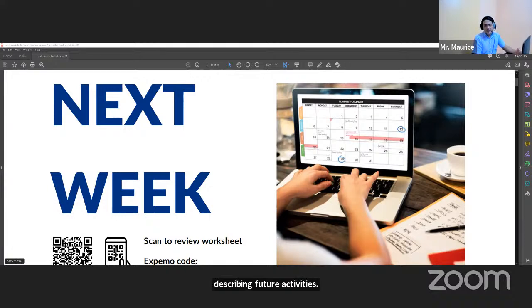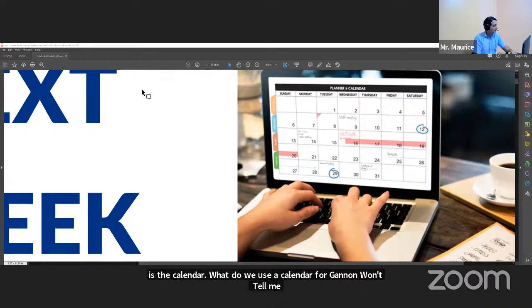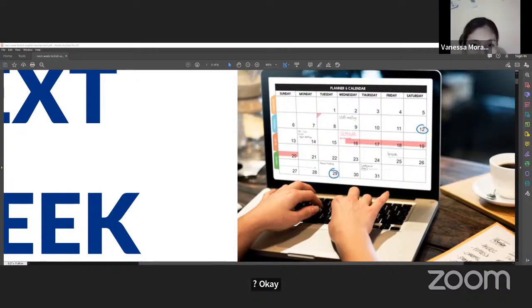As you can see in this picture, this is a calendar. What do we use a calendar for? Can anyone tell me? What do we use a calendar for? Para planificar, plan.